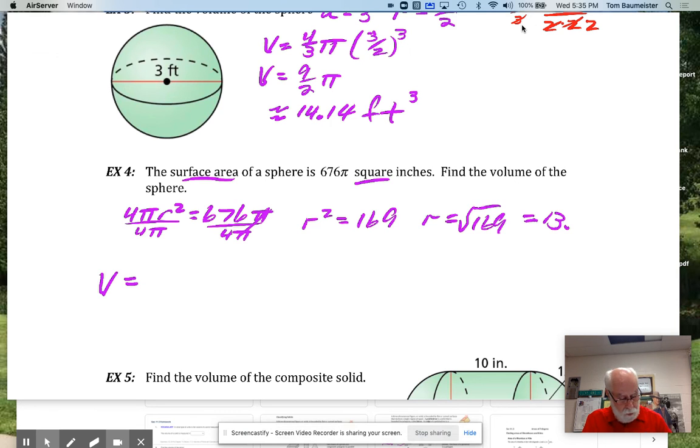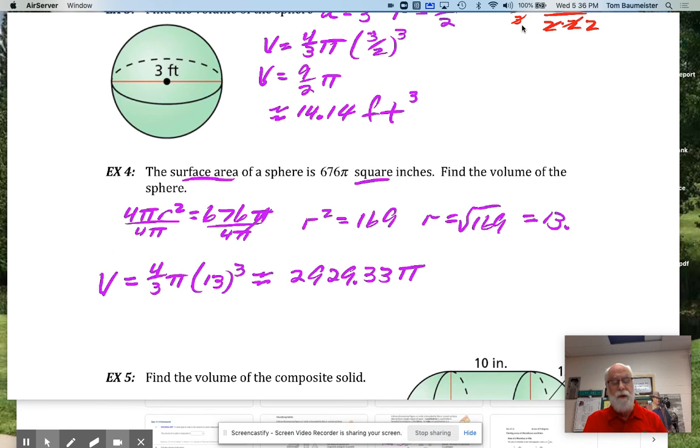So volume is equal to 4/3 pi, and then in this case we have 13 cubed. Again, if I was just to plug that in, I would get 929.33 pi.